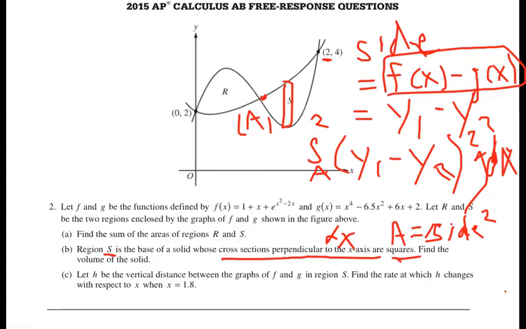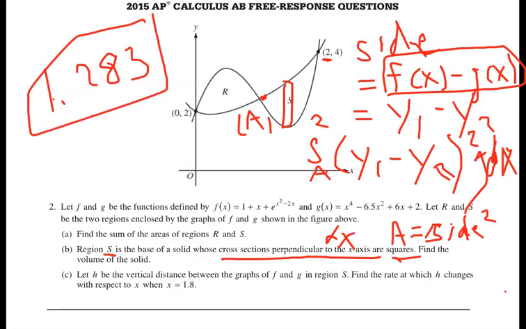When you do that and you round to 3 decimal places, that's going to be 1.283, the volume of all the squares going from left to right across that thing. So that's the answer for part B. That's worth 3 points.